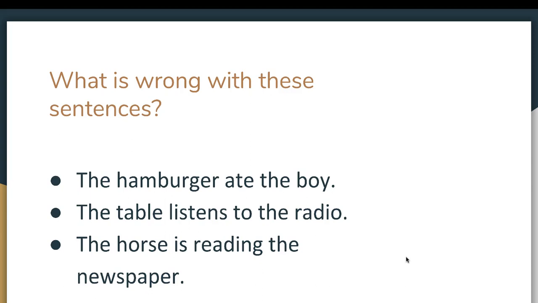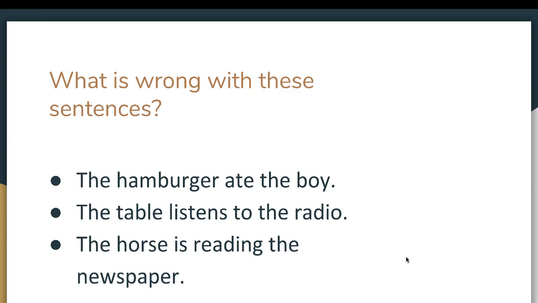So when we are looking at sentences and we're dealing with semantics, we have to think about, for example, in the first sentence, the hamburger ate the boy. If something is going to eat something, we need a significant difference from the first noun to the second noun, which allows the first noun to make sense with the verb that's going on.